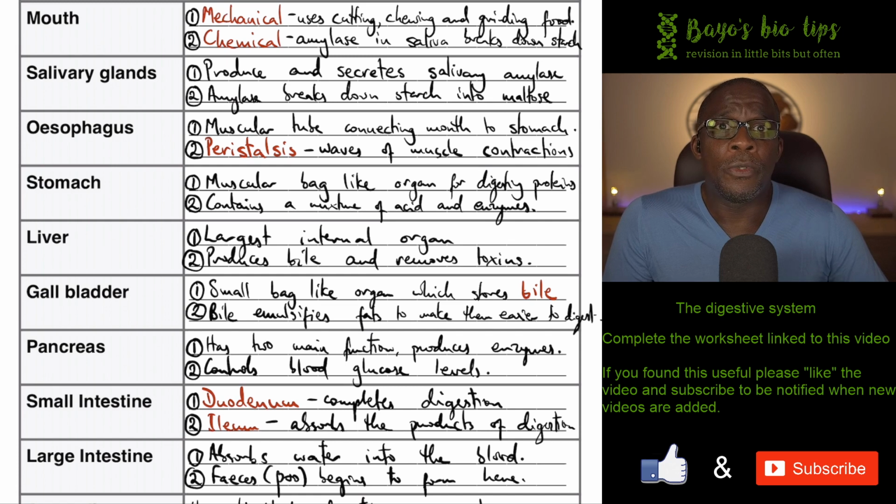That's why food stays in the stomach for somewhere between 4 and 6 hours, depending on the situation. That gives the stomach more than enough time to break down pretty much all of the proteins that are taken in. And it does that by a combination, yet again, of both mechanical and chemical digestion.